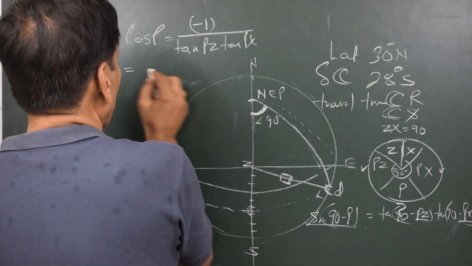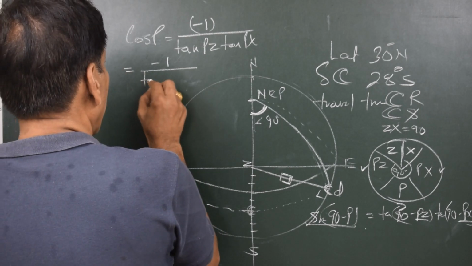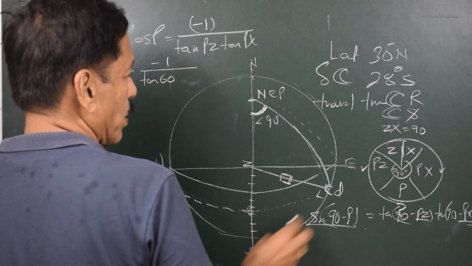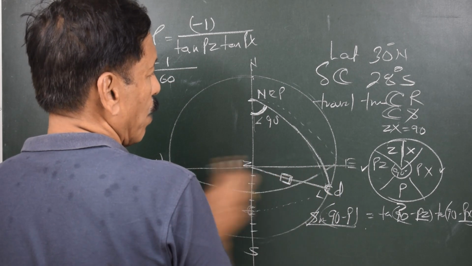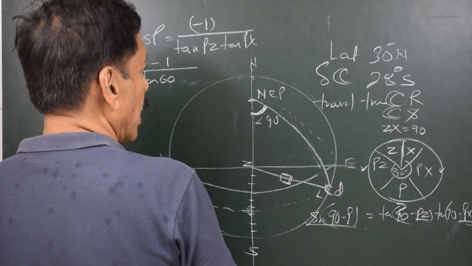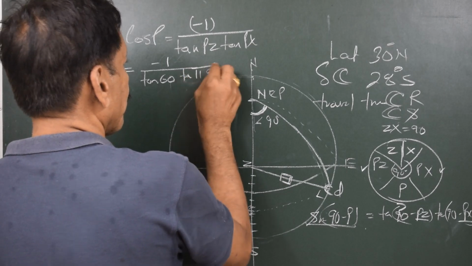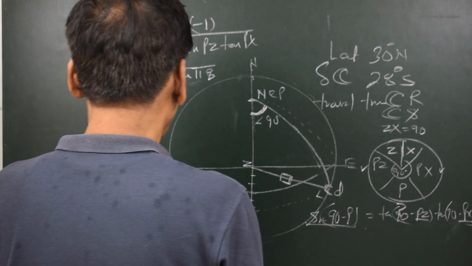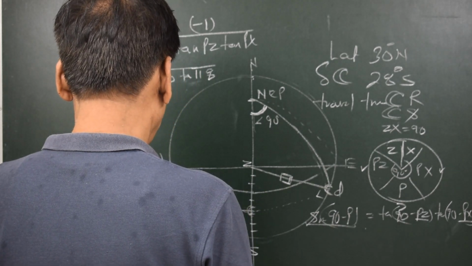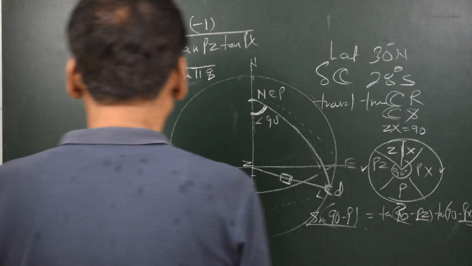So this will be equal to minus 1 divided by tan 60, and you can see that PX is 90 plus declination, so 90 plus 28, that is 118. Shift cos, I get 72.12.